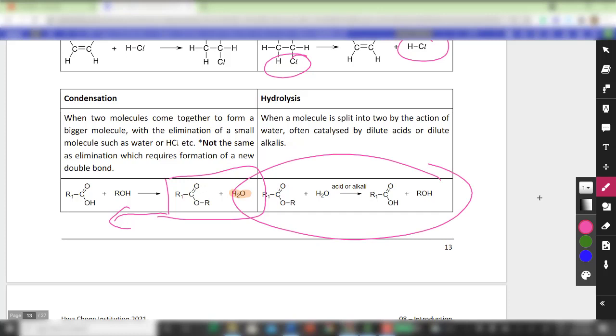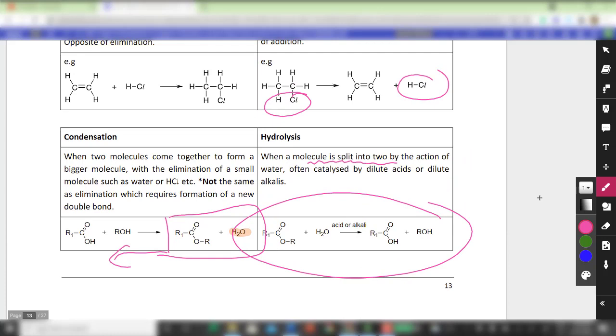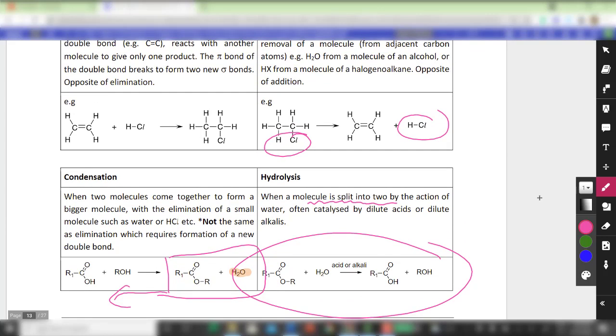Of course, saying the molecule is being split is just colloquial; being hydrolyzed is a better word. At this point it's good to mention that a condensation reaction in most cases can be broken down into two bits.